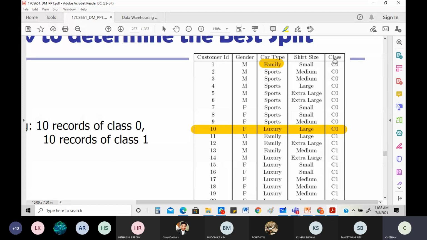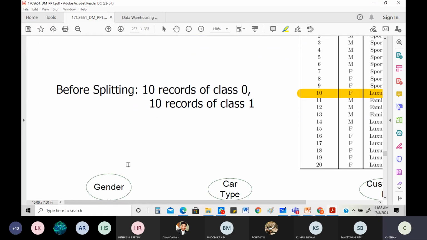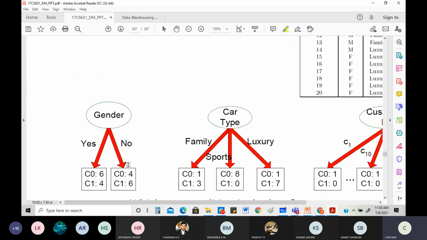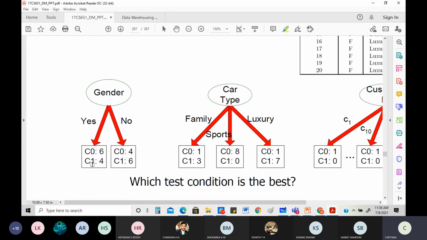When you go for class, put it very clearly: 10 records of class 0, next 10 records of class 1. Now, based on that, come down here and figure out the values I told you. Males were 6, females were 4, for class 0.